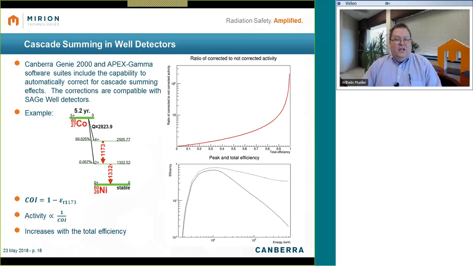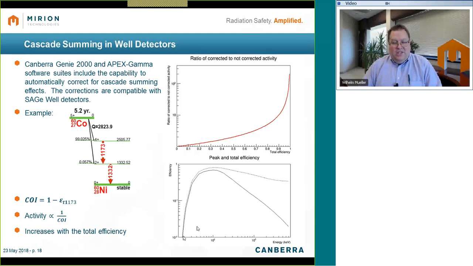Now, the physical mechanics driving this are well known and predictable if we know the efficiency of the system, both the total efficiency and the full energy peak efficiency, and the radionuclide decay scheme. The decay schemes are known, and so those are included in our Cascade Summing libraries in our algorithms. And the efficiencies are computed, both the full energy peak and the total efficiency, within a special LabSOCS algorithm to estimate that.